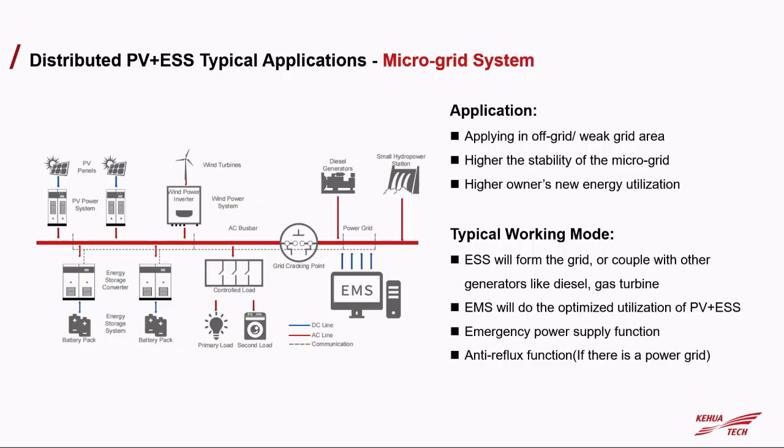And in this system, because there is no grid, the energy storage system will form the grid. That means it will support the standard frequency and voltage, and combine with other systems like the PV system and wind power system to provide continuous energy for the load.